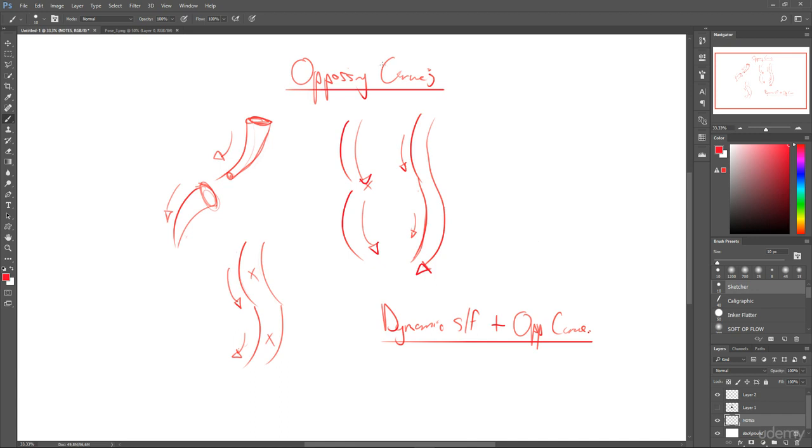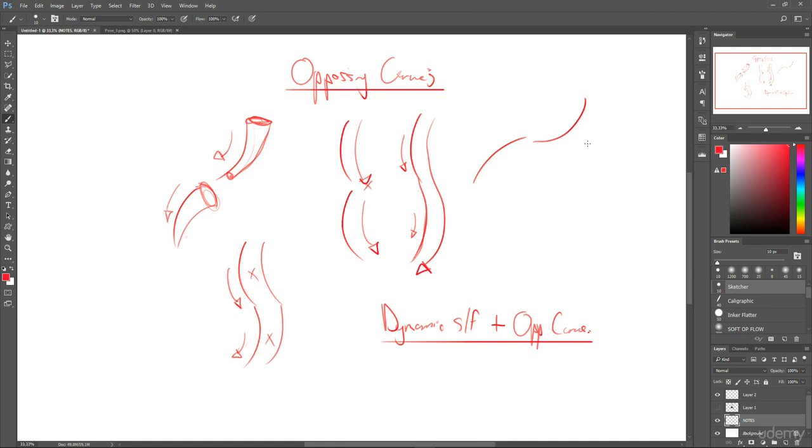So opposing curves theory, once again, is just that something curves one way, you then curve it another way. You may be saying, hey, I've heard of something called straight to curve, or curve against straight. That is in fact a different theory that has nothing to do with gesture, and has more to do with avoiding parallels or creating non-parallel shapes, which we will talk about later in the course.